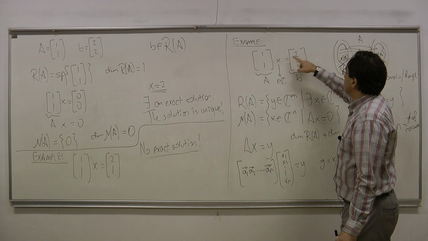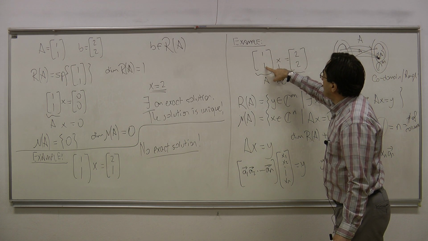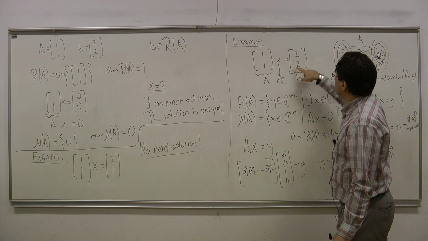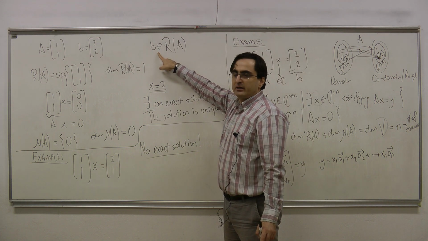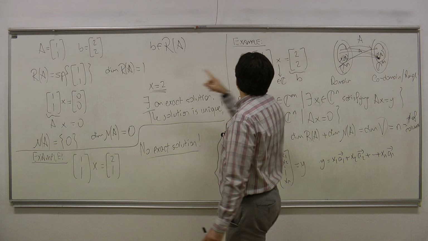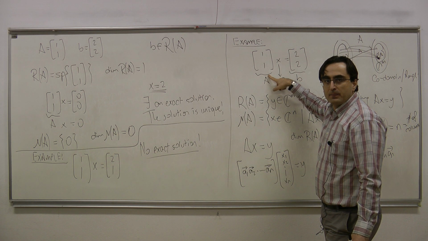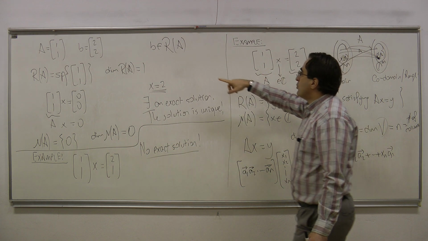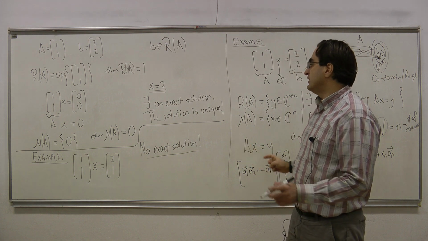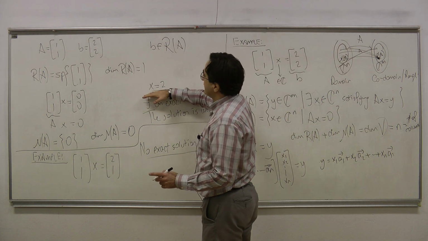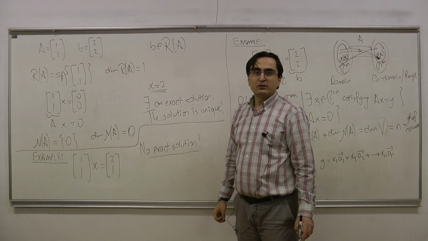So there exists a scalar which, when it multiplies the column of this matrix, gives 2, 2. In linear algebraic terms, this means b is inside the range space of A. And when b is inside the range space of A, then we can surely say that there exists an exact solution.